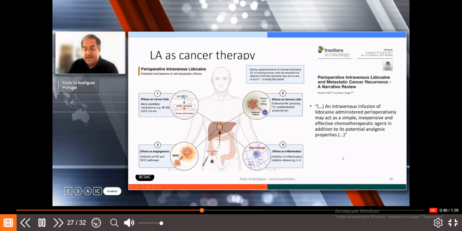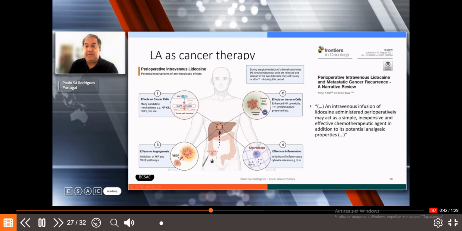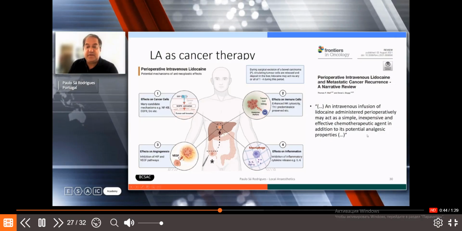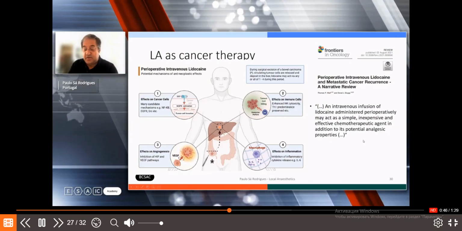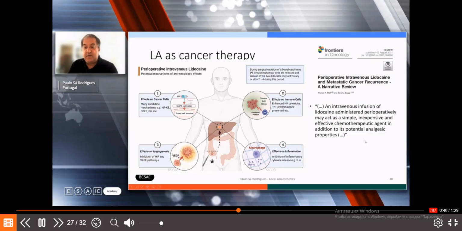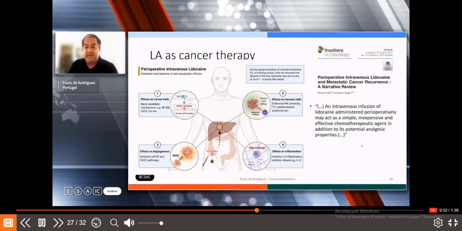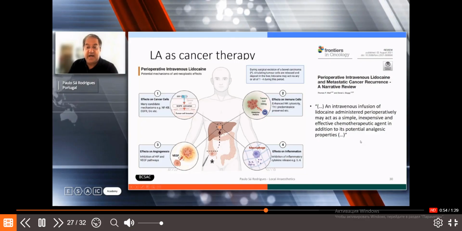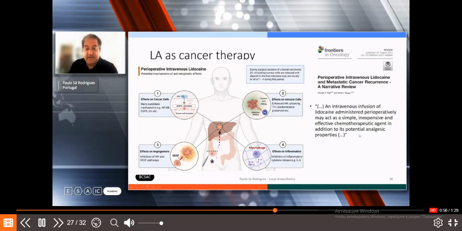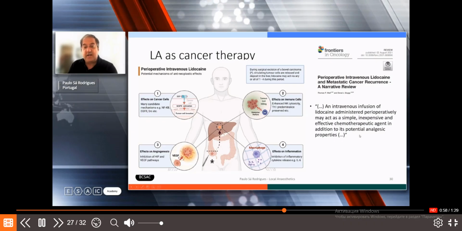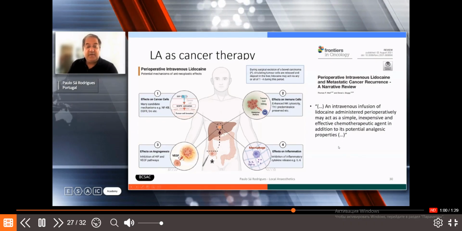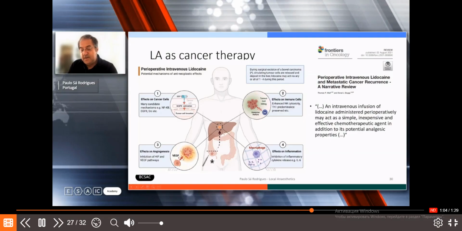And actually, some recent papers suggest that an intravenous infusion of lidocaine administered perioperatively may act as a simple, inexpensive, and effective chemotherapeutic agent in addition to its potential analgesic properties. So it's really the subject of many clinical investigations.